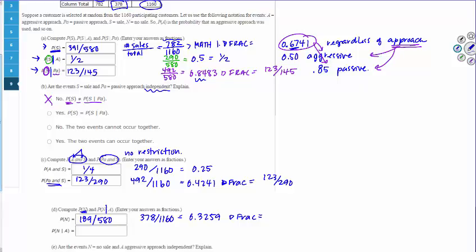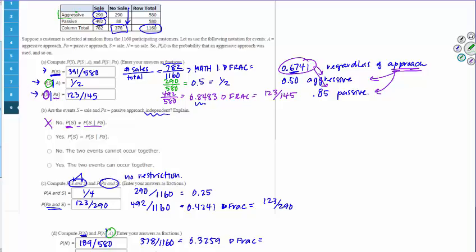And then a conditional probability again. What's the probability of not making a sale given that the aggressive approach was used? So this aggressive approach use restricts the total we're looking at. We're only interested in those that received the aggressive approach. There were 580 of those.